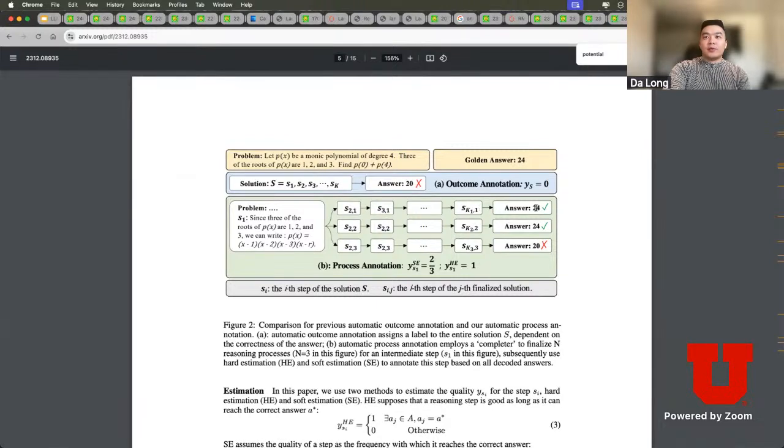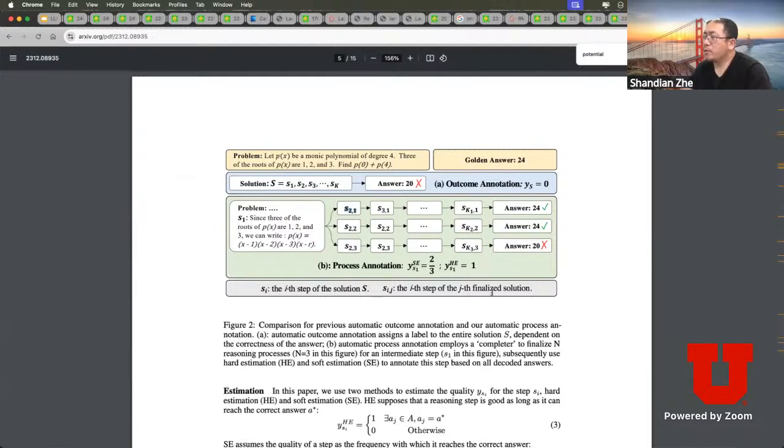So they need to sample a lot of times. They calculate the number of correct answers from all of the trajectories, like a percentage, and that is the potential for this step.